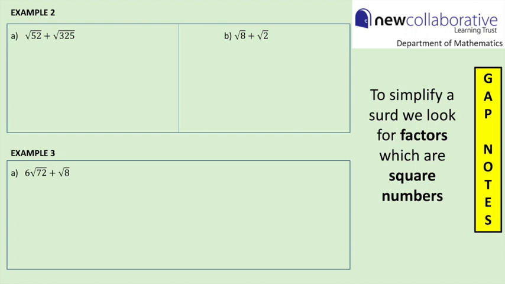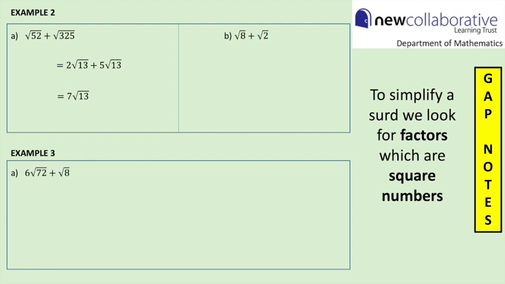Now 52 is 4 times 13 and 325 is 25 times 13, and so those surds simplify to 2 root 13 and 5 root 13. And now we have 2 root 13 add 5 root 13, so that gives us a total of 7 root 13.